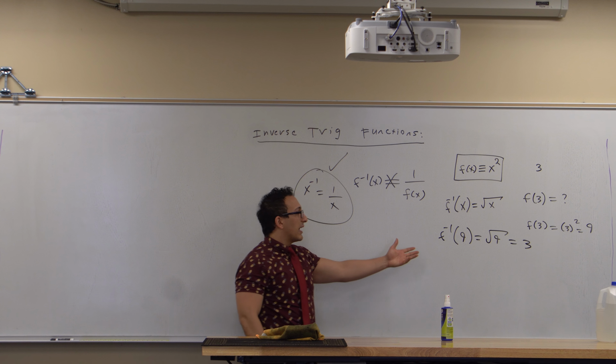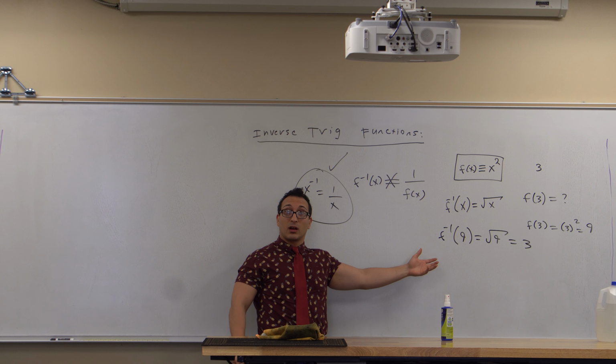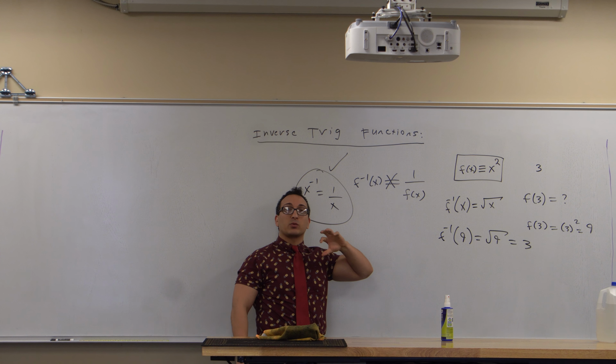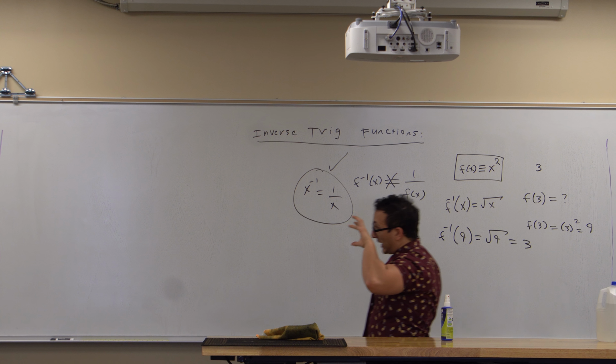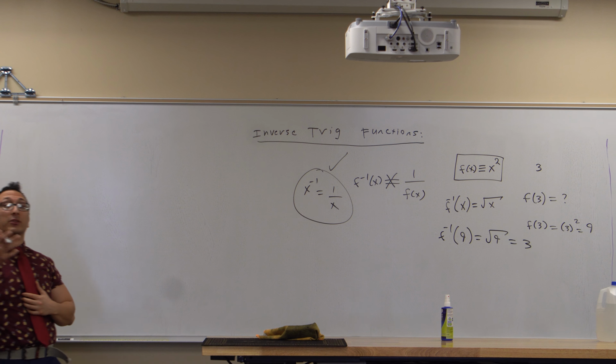That undid f-ing 3. F inverse of 9 gave me back 3. When I took the function of 3, it became 9, so the function that can take 9 to restore its old value 3 is the square root.